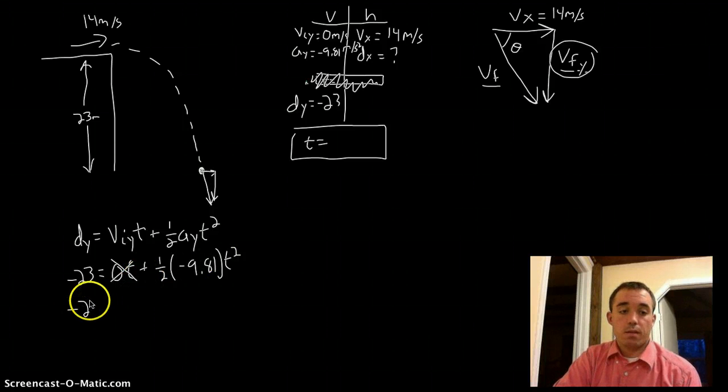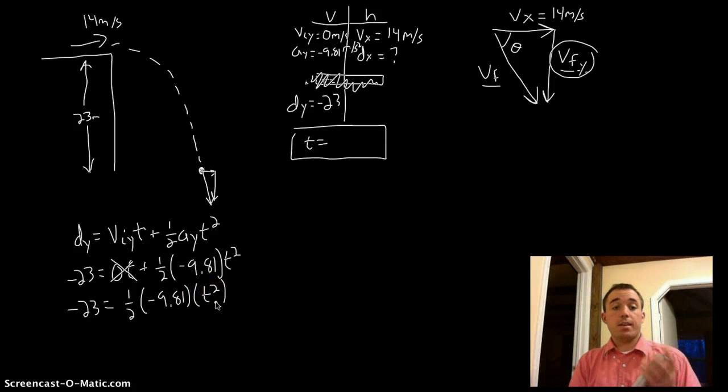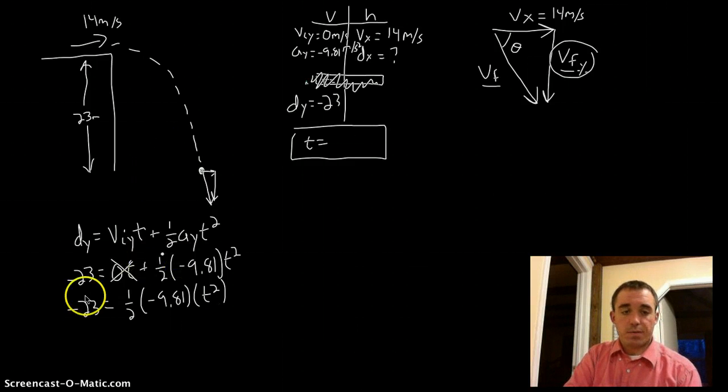You're just left with negative 23 equals 1/2 times negative 9.81 times t squared. Simplifying this first, negative 23 stays the same, equals 1/2 of negative 9.81, which is negative 4.905, times t squared.